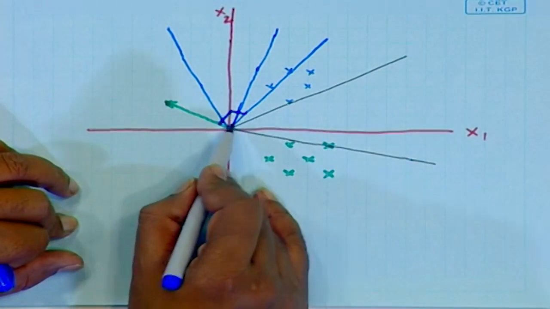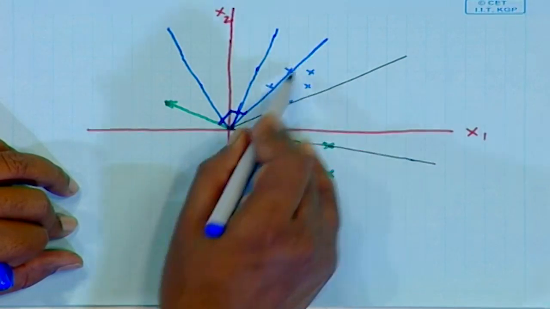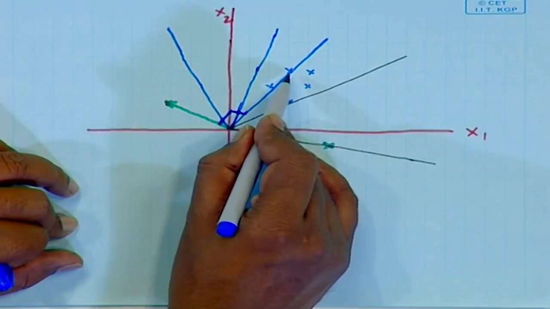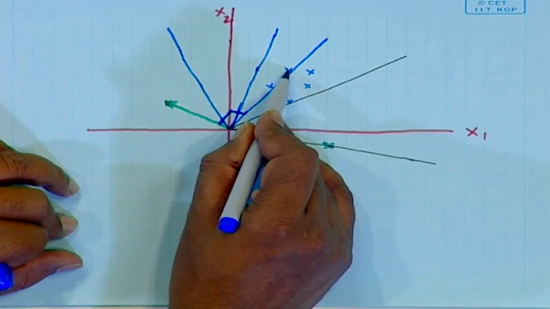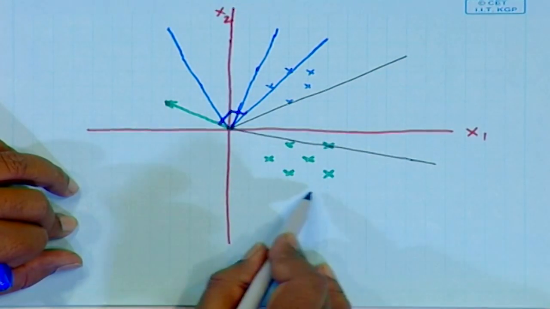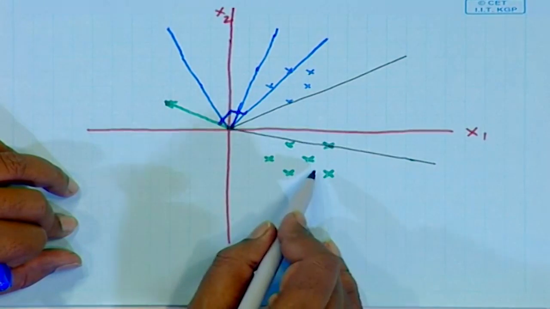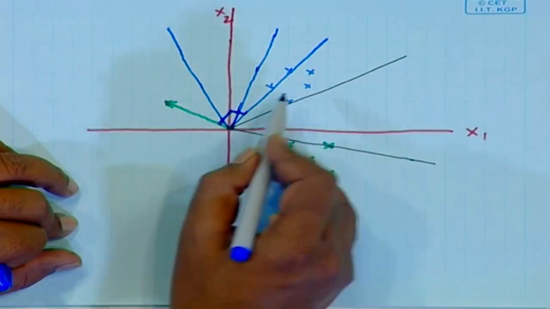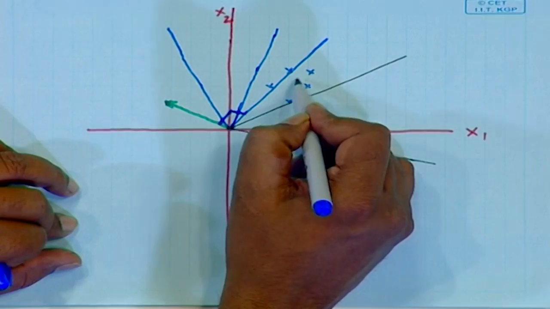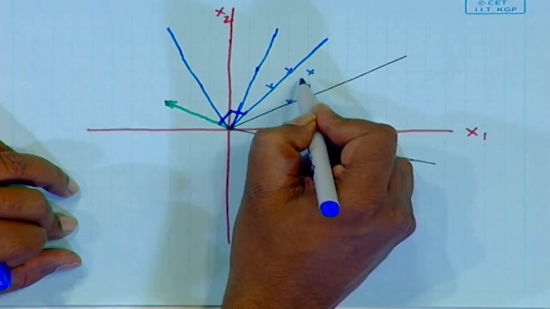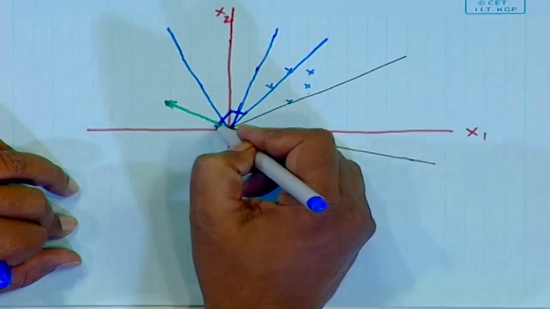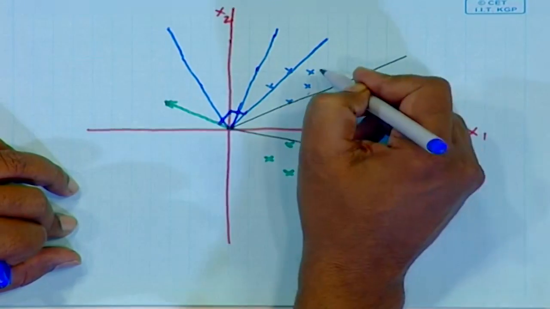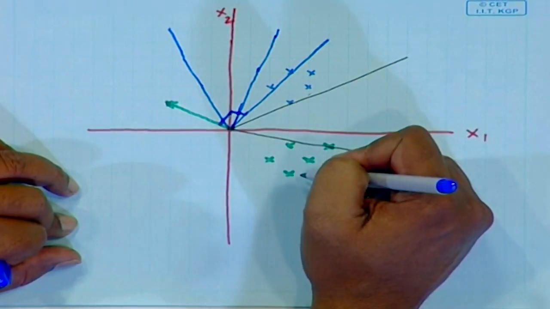Now, find that when this is my decision surface, it properly classifies this sample as well as this sample. It also properly classifies all the samples in class omega 2, but this decision surface misclassifies these 3 samples. These 3 samples actually belong to class omega 1, but this weight vector classifies them to class omega 2.